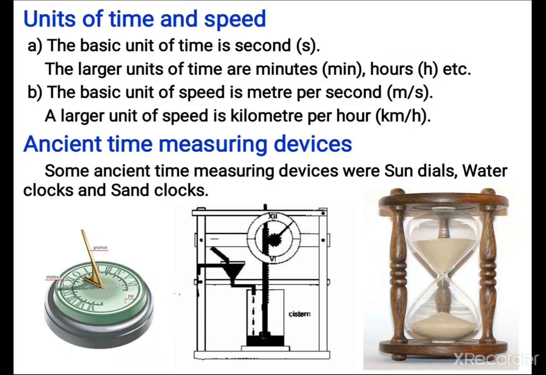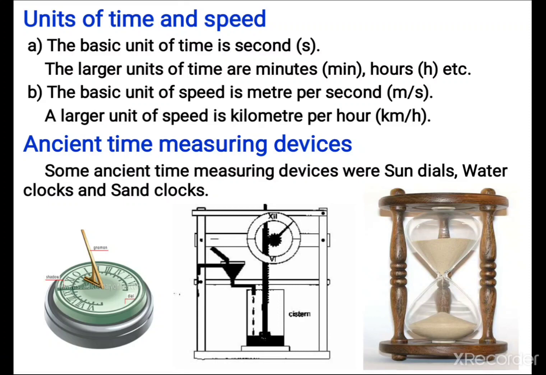The basic unit of time is second. The larger units of time are minutes, hours, etc. The basic unit of speed is meters per second. A larger unit of speed is kilometers per hour.